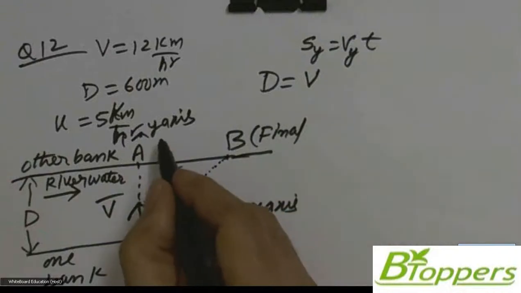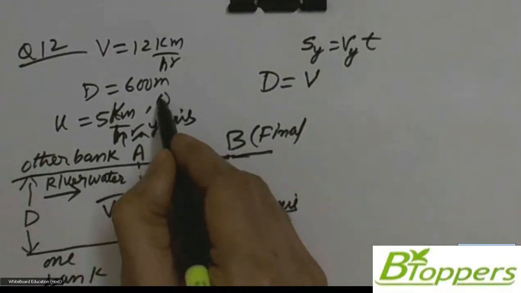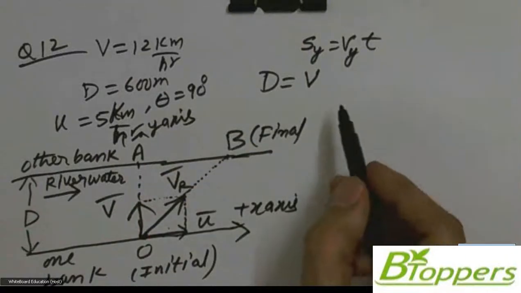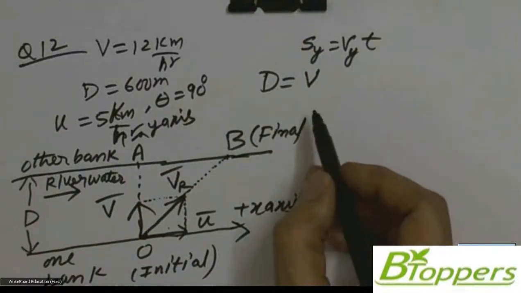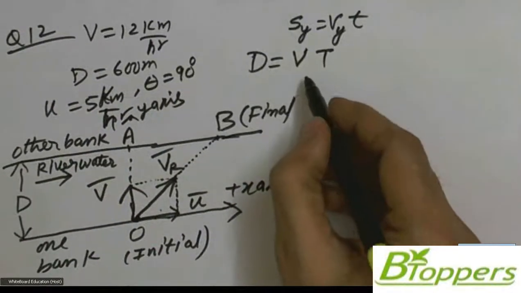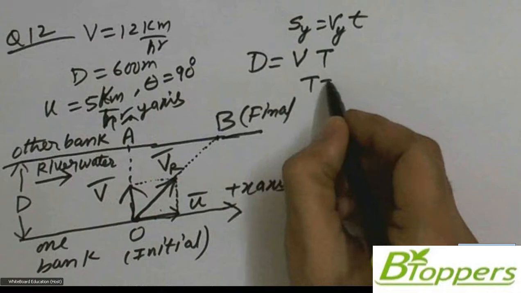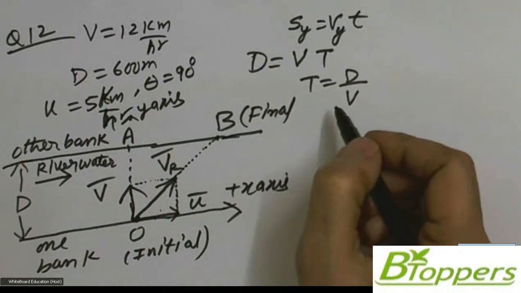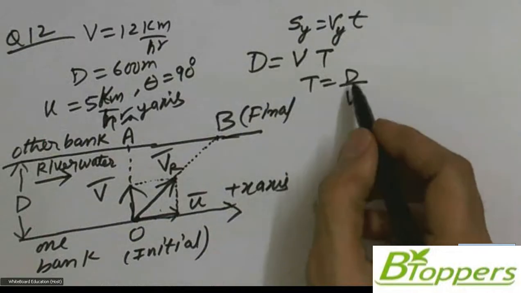That means in this case the angle theta between V bar and U bar is 90 degrees. And the time taken to cross the river is denoted by capital T. So here T equals D by V. It means in this case the boat crosses the river in the minimum possible time.